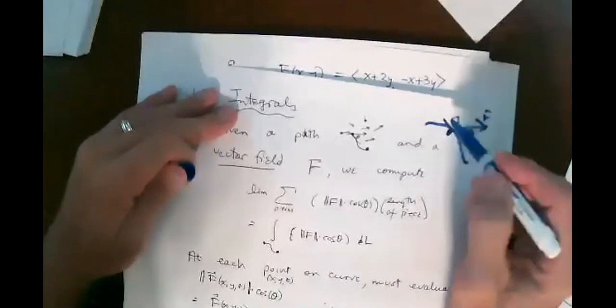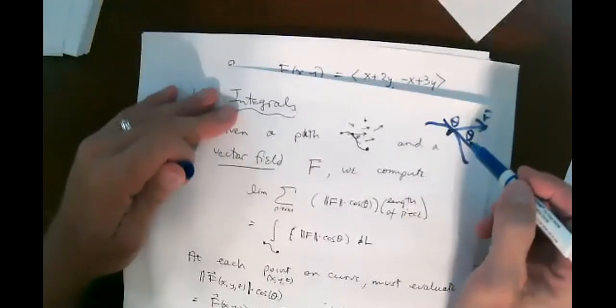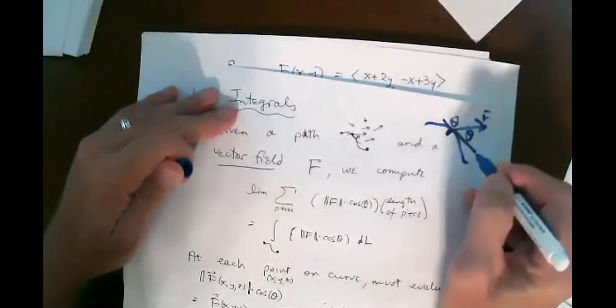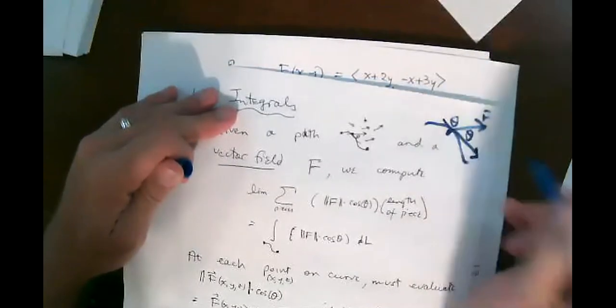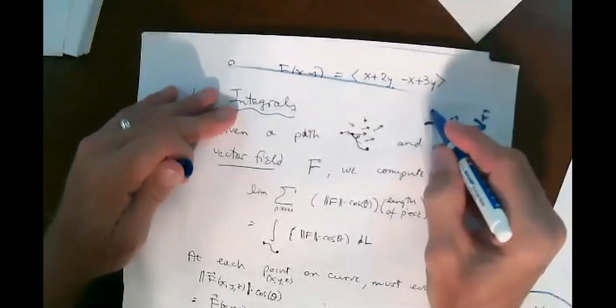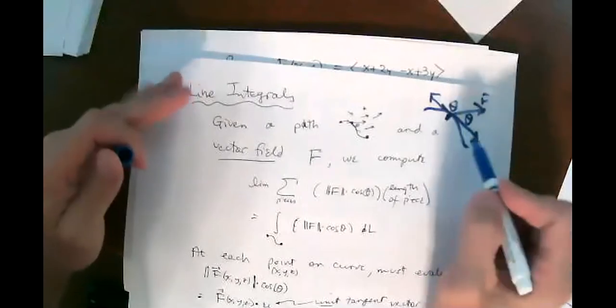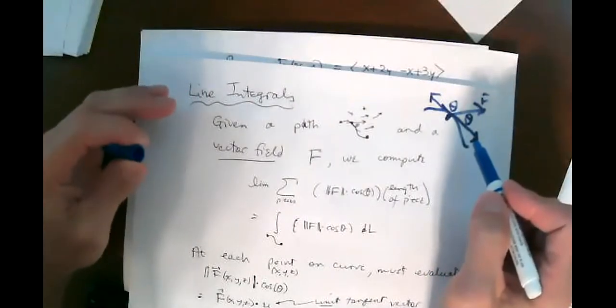They're supplementary angles, they add up to 180 degrees, so their cosines will be negatives of each other. So you have to decide, did you want to be taking the dot product with this tangent vector or that tangent vector? And well, the math can't tell you. It's the application that'll tell you which of these two you should have started with.